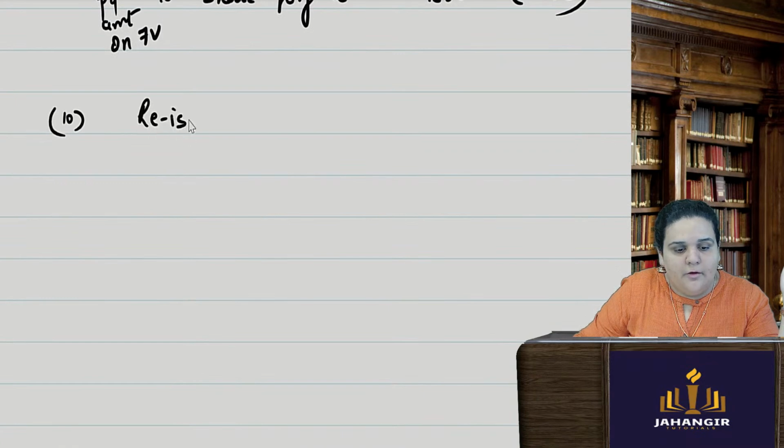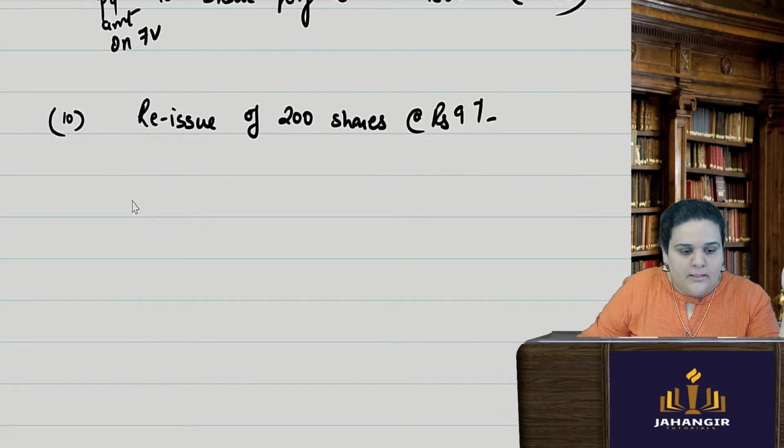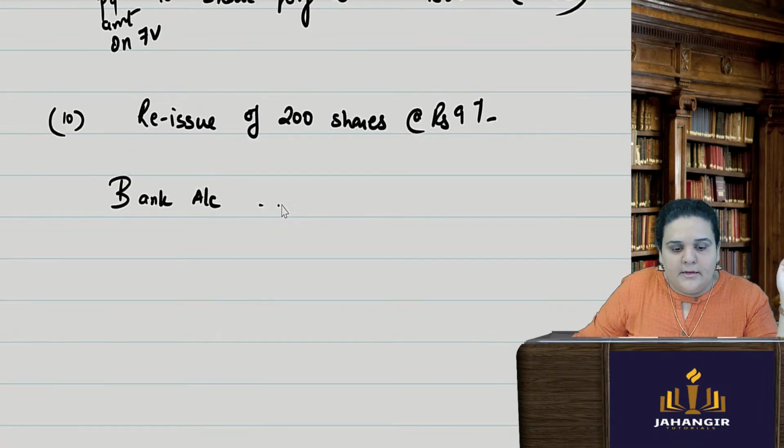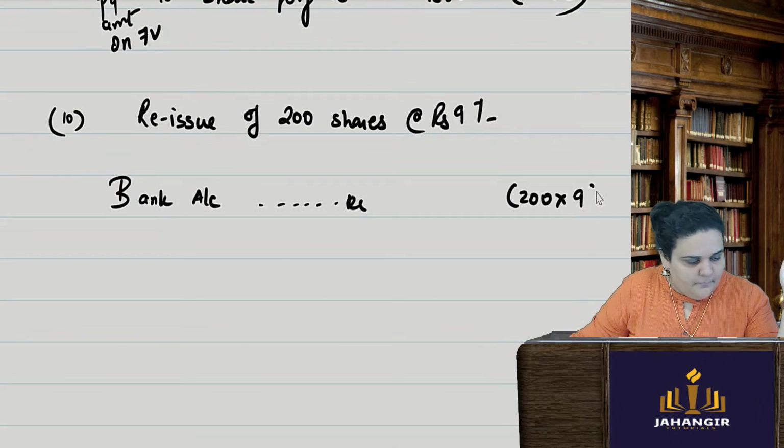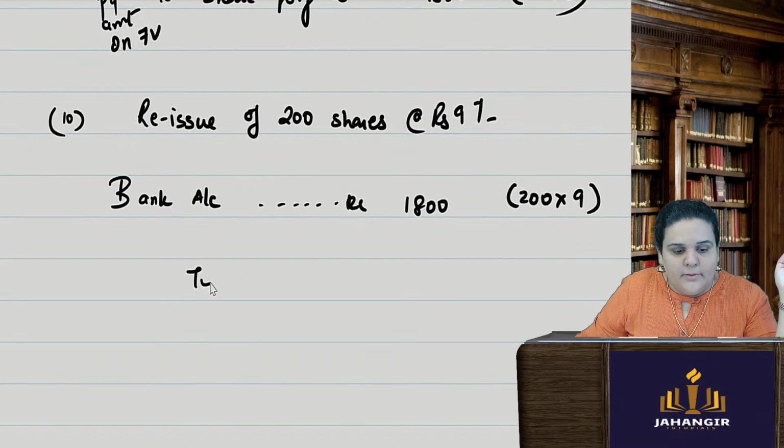Reissue of 200 shares at rupees 9. That means it is at a discount. Right, so I'm going to receive money at rupees 9. Bank account debit, 200 into 9, 1800. To equity share capital account.